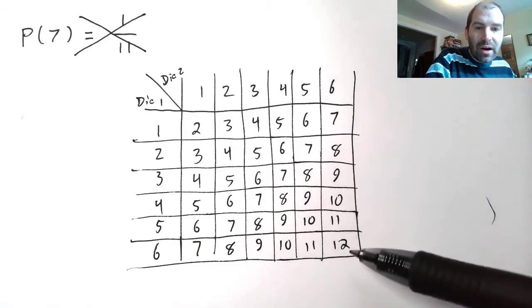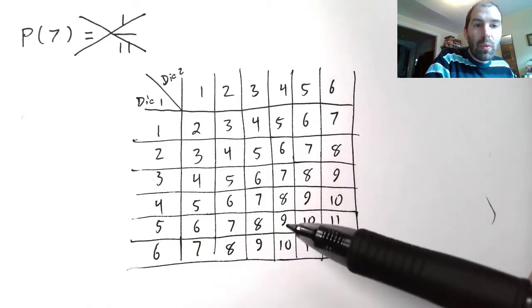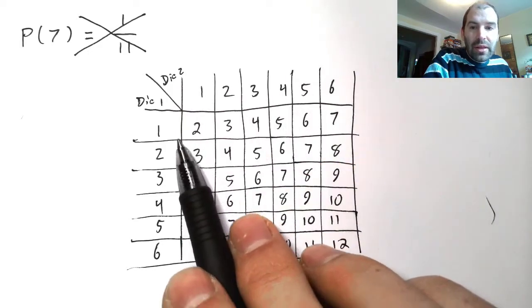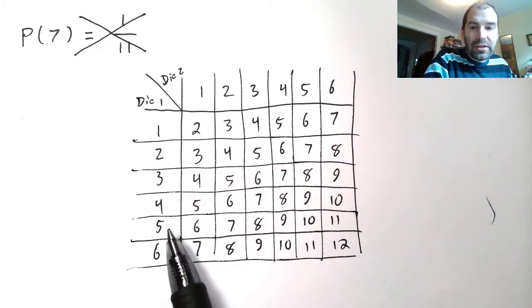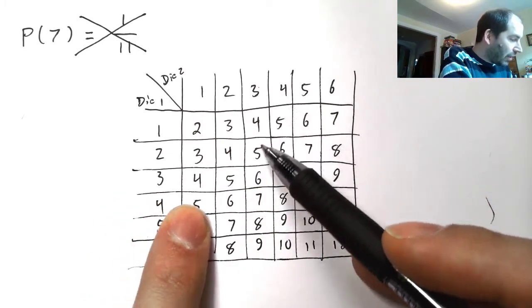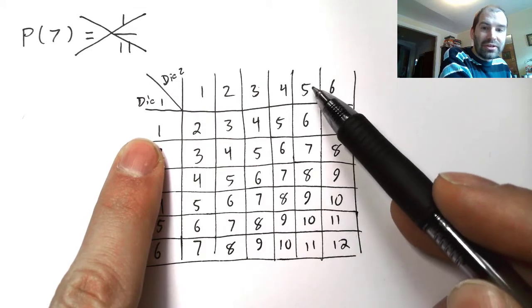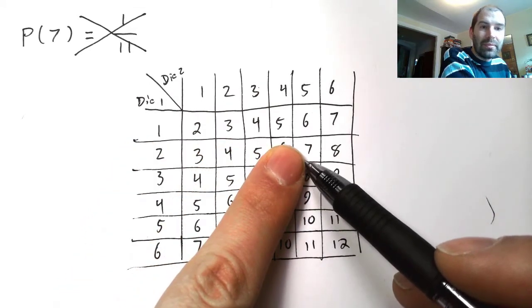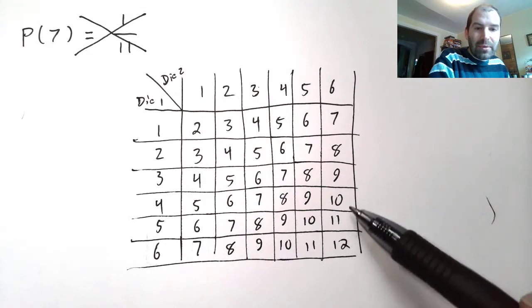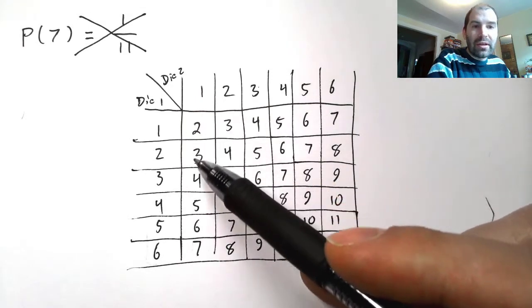These outcomes are equally likely. Why is that? Well, because these are all equally likely. These are all equally likely. So a given combination of them, say a 4 and a 3, is just as likely as any other single combination of them. So these outcomes inside the table are all equally likely.